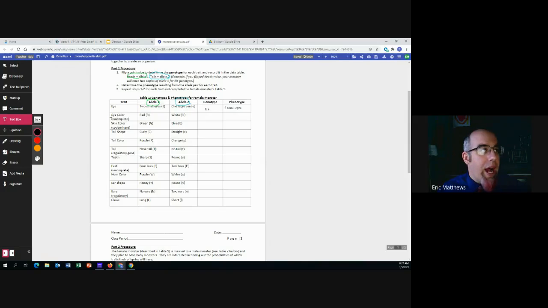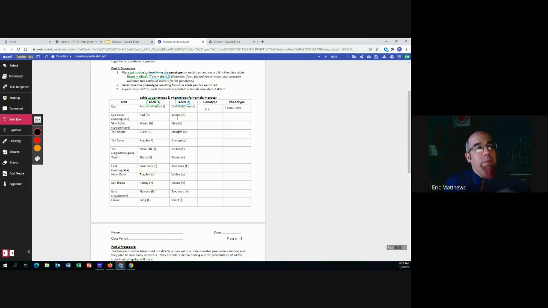Now this one for eye color. This tells me this is incomplete dominance. So we have capital R, which is dominant for red, and then we have capital R prime, which is also dominant for white. Okay, well, we still follow the same rule.